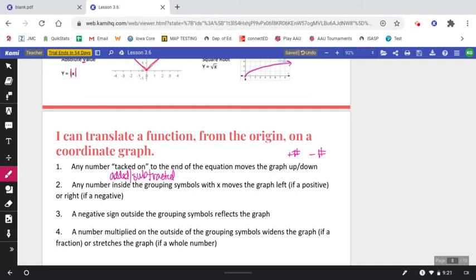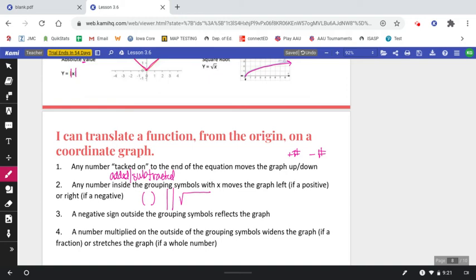Any number inside the grouping symbols with x, and grouping symbols could either be parentheses, absolute values, or if they're underneath the square root together. If there's a number inside with x, it's going to move the graph left if it's positive or right if it's negative.